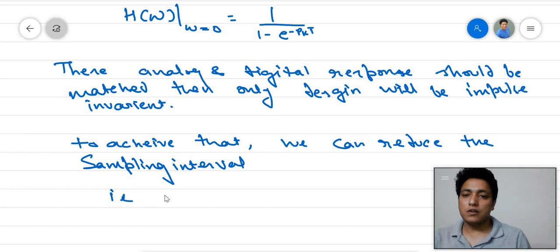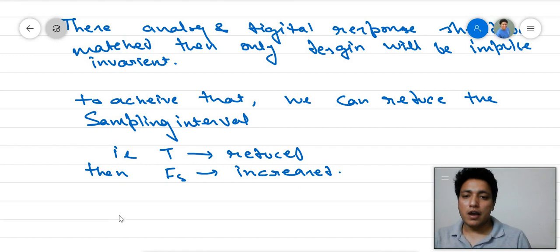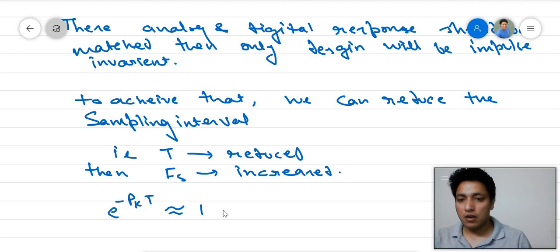That is T reduced, then sampling frequency will be increased. If we do this, then exponential minus pkt will be very small quantity, and it can be approximately written as 1 minus pk.